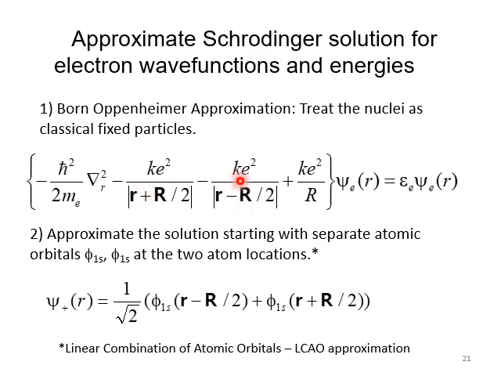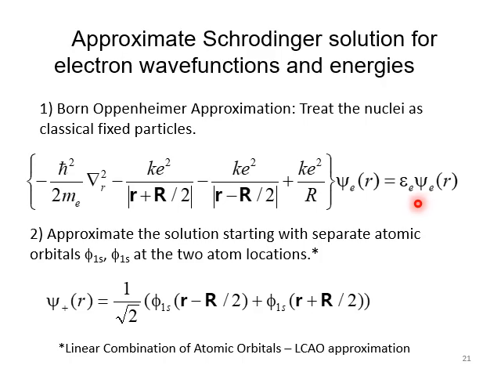So these are Coulomb potential terms here, and then there's a Coulomb interaction in the opposite direction between the two nuclei. They repel one another, so negative potential, positive potential. And that will yield the total energy for the system.